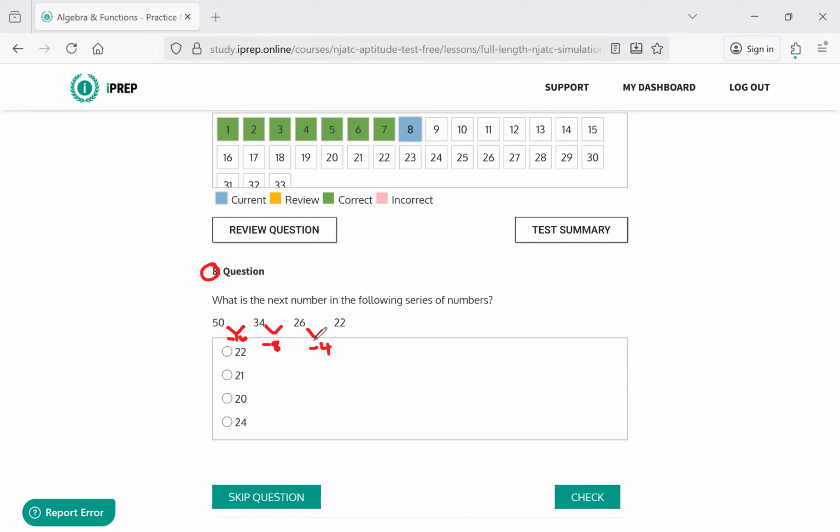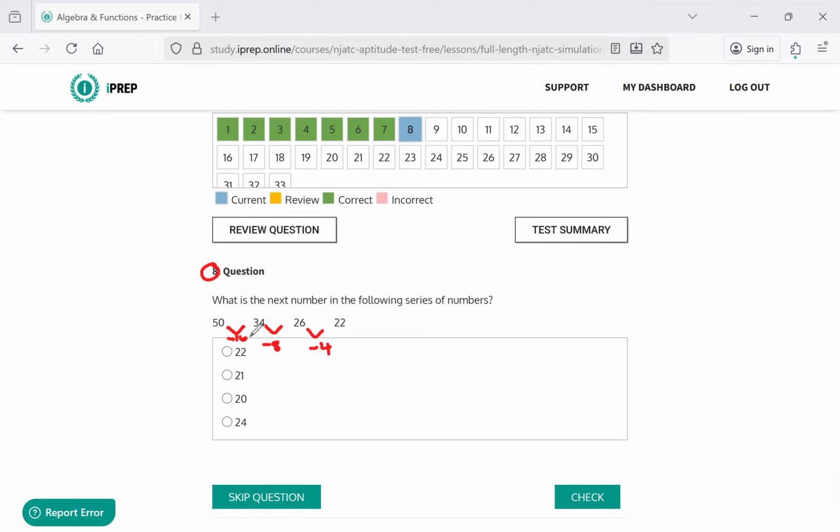So I know it's not arithmetic or geometric because for arithmetic, the constant has to be the same. And then for geometric, there's no number that multiplies constantly, right? But we have to look at the pattern. So we went from -16 to -8 and then -4. So they're all negatives.